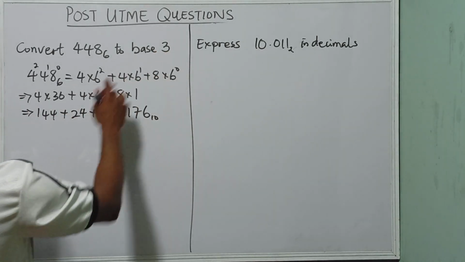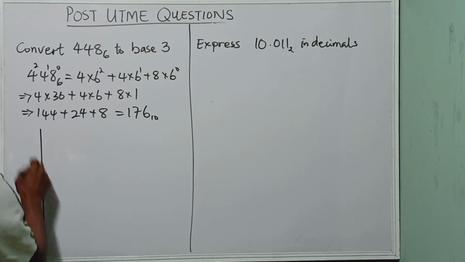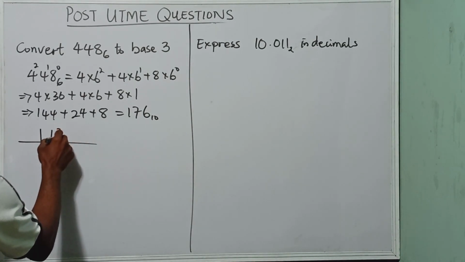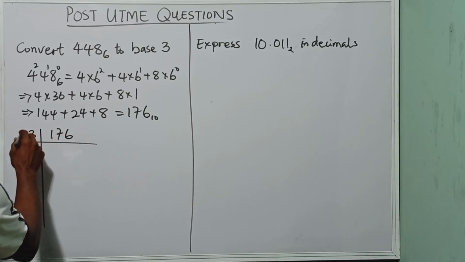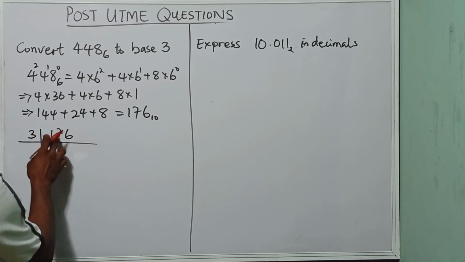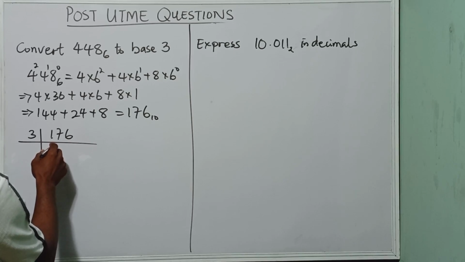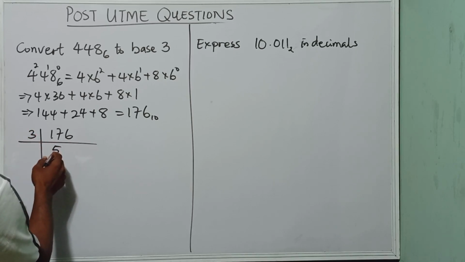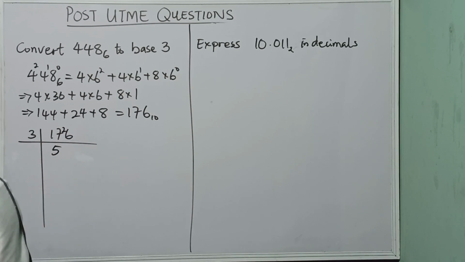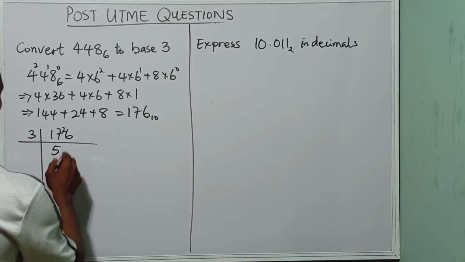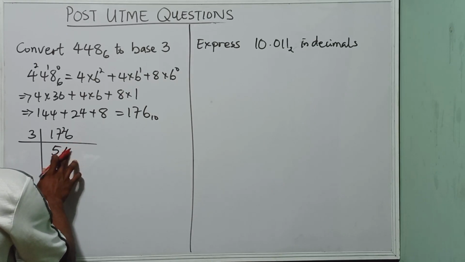Now, this is in base 10. So to convert back to base 3, we'll use our division method. 176 divided by 3. Okay, 3 into 17 would give us 5. 5 times 3, 15. Remainder 2. So 3 into 26 would give us 8. 3 times 8, 24.